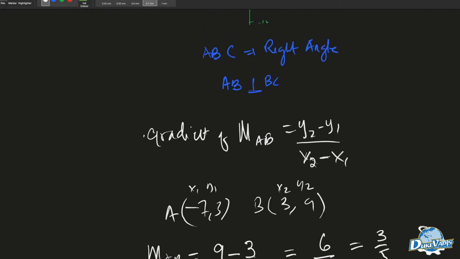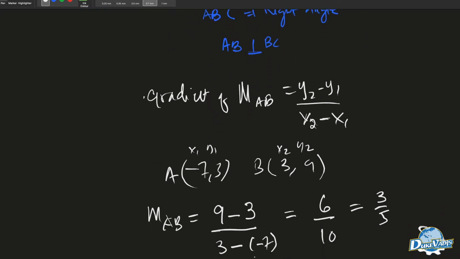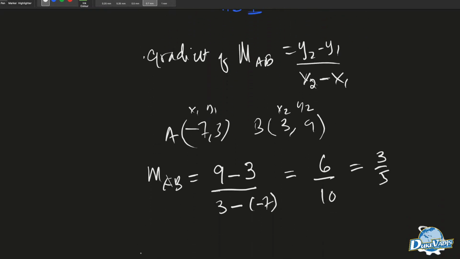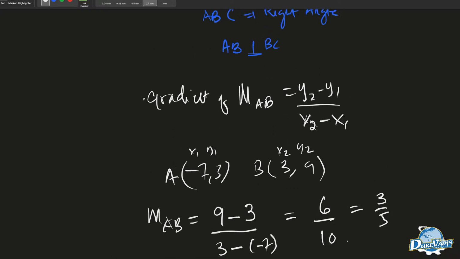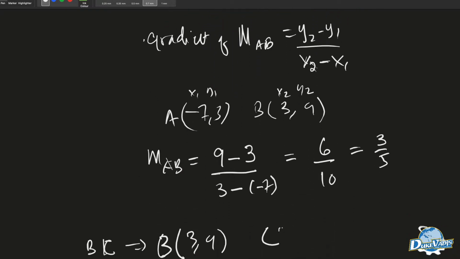So now let's calculate the gradient of the line BC. We have the coordinate of B as (3, 9) and that of C as (12, -6).